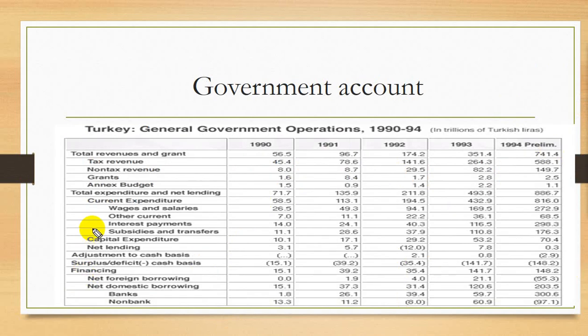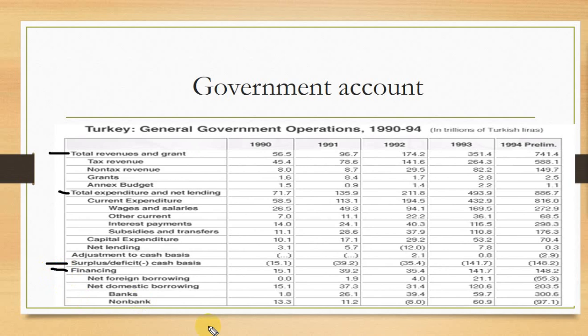It consists mainly of two main parts: total revenues and grants, and total expenditure and net lending. And then we are going to use both of them in order to identify whether we have a surplus or shortage, whether the government witnessed a deficit or a surplus, and then how to finance this surplus or deficit.